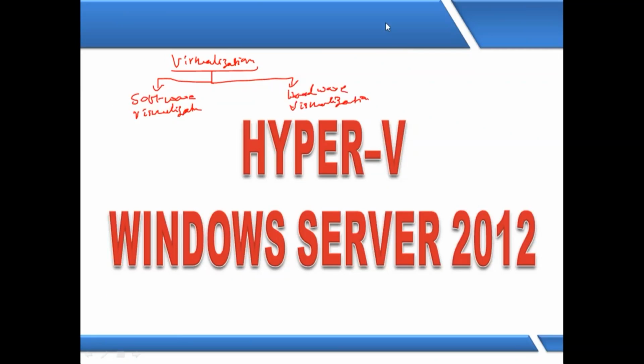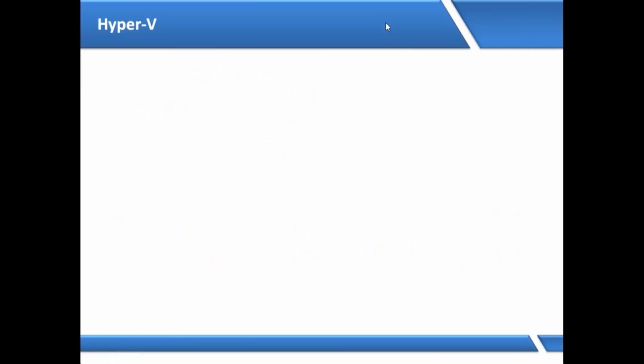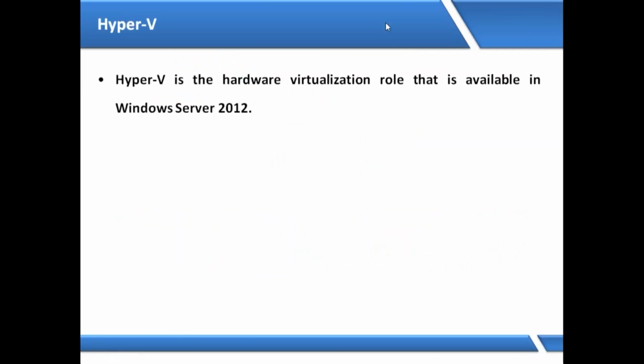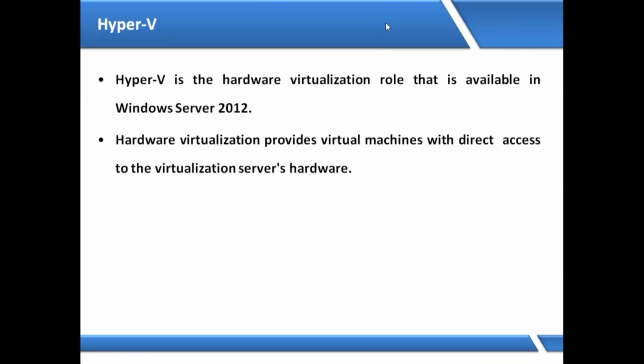Two types, software and hardware. Here you can see Hyper-V is a hardware virtualization that is available from the Windows 2012 server operating system. In 2008, was it there? No. Now, what is the difference between hardware virtualization and software virtualization? We'll discuss that within a few minutes.